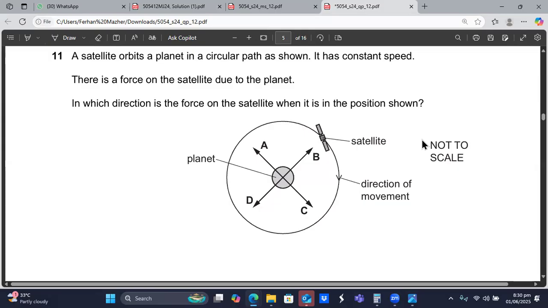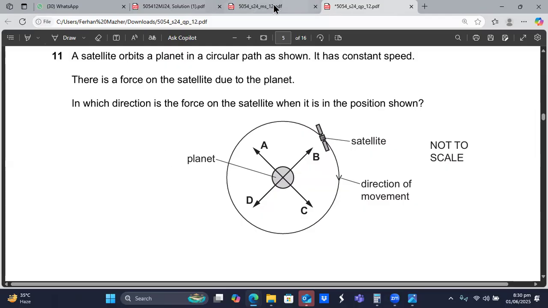So whenever you move in a circular orbit, a resultant force is acting on you, which is always directed towards the center of that circle. So the force at that position where the satellite has been shown should be directed toward the center of that circle.